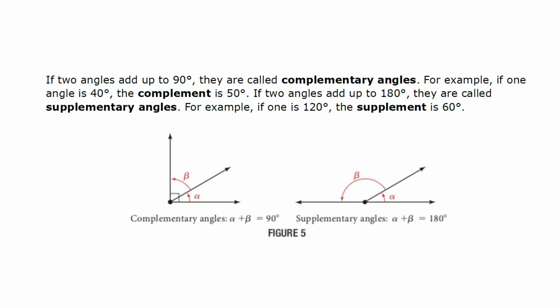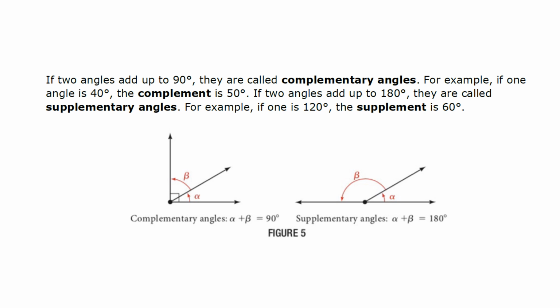If two angles add up to 90 degrees, so that they create a right angle, they are called complementary angles. For example, if one angle is 40 degrees, the complement would be 50 degrees, because 40 plus 50 equals 90 degrees. If two angles add up to 180 degrees, they are called supplementary angles.